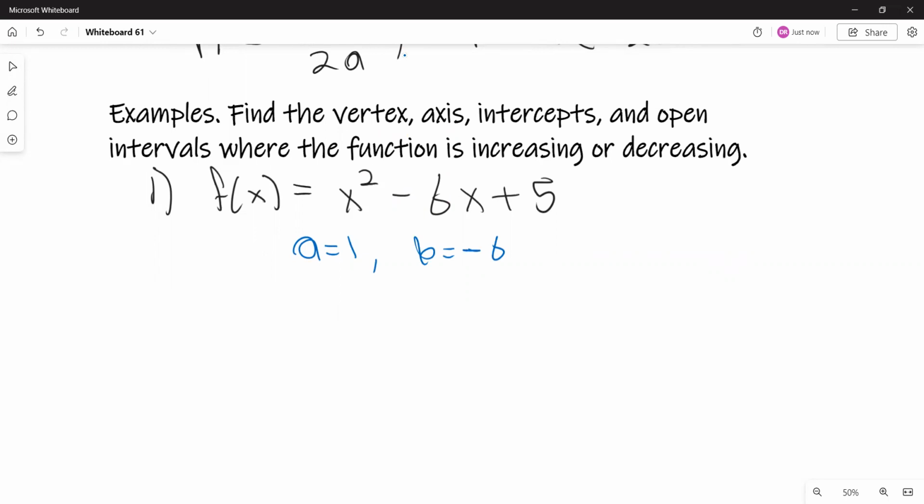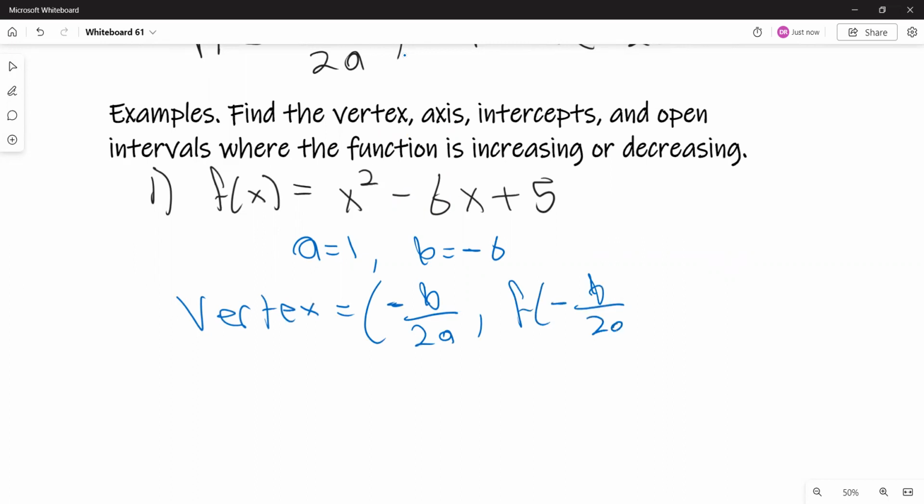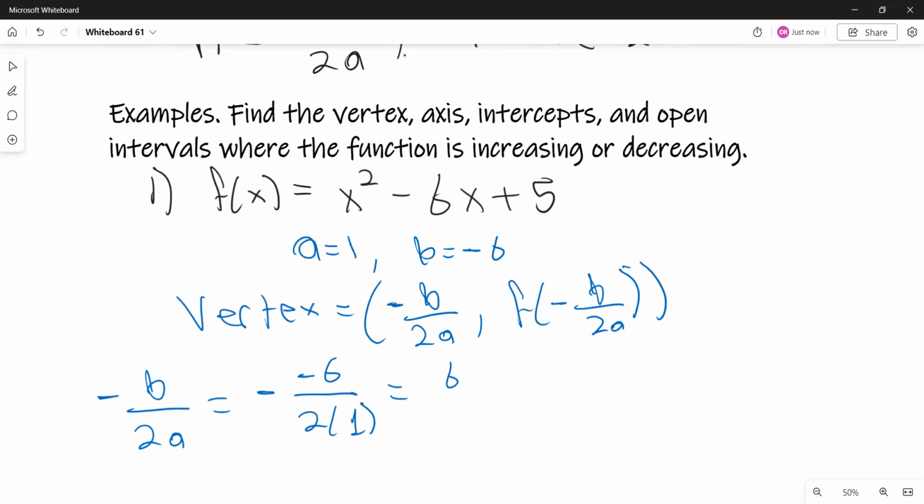So let's find the vertex. The vertex is the opposite of b over 2a, comma, f of the opposite of b over 2a. This is the opposite of -6 over 2 times 1. So that's 6 over 2 or 3. So that's the value of h.